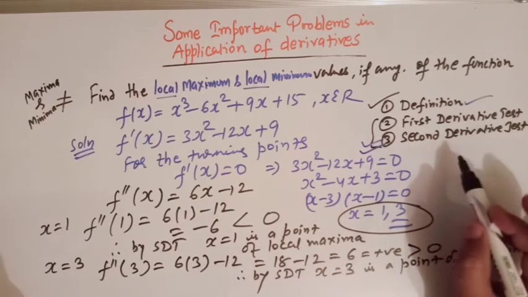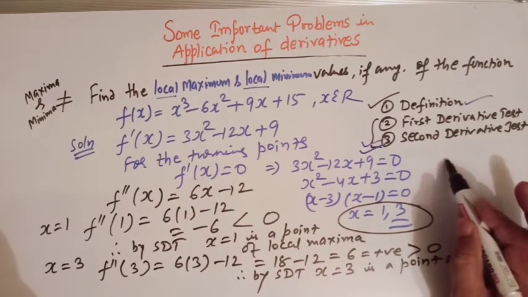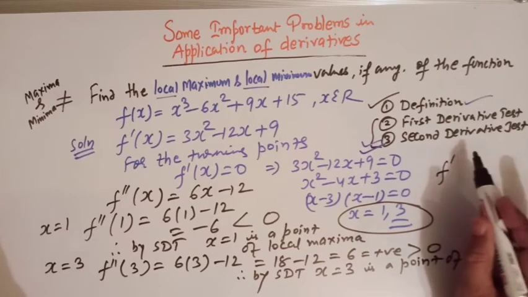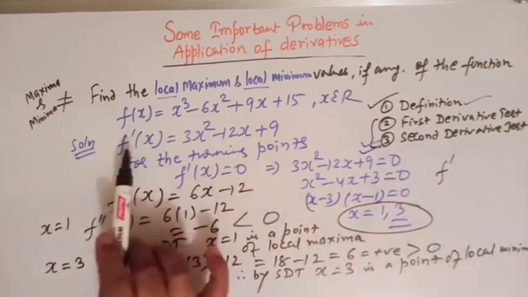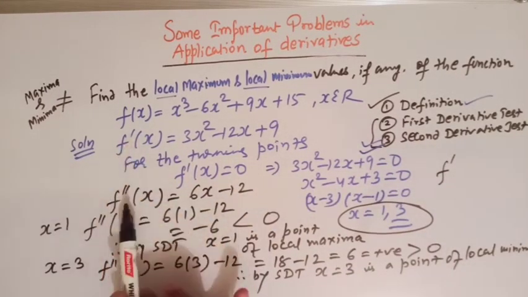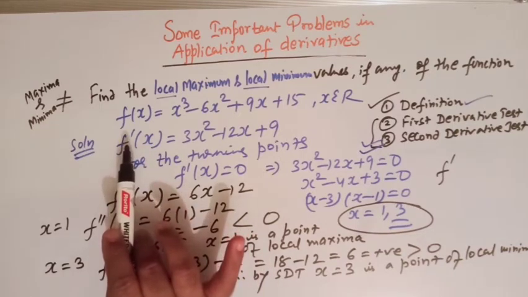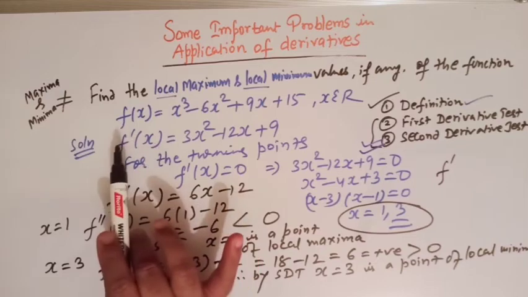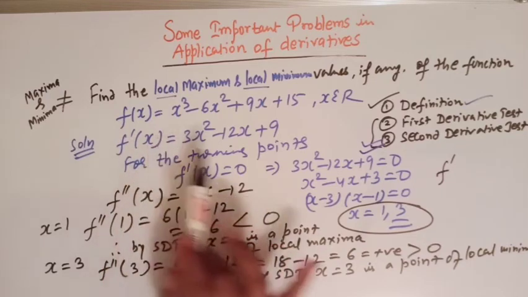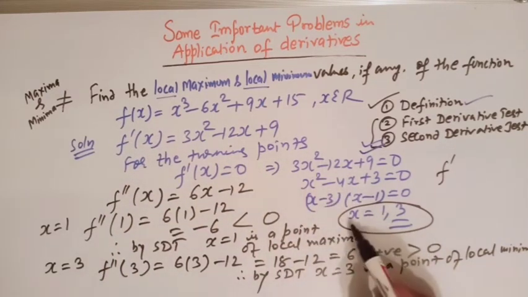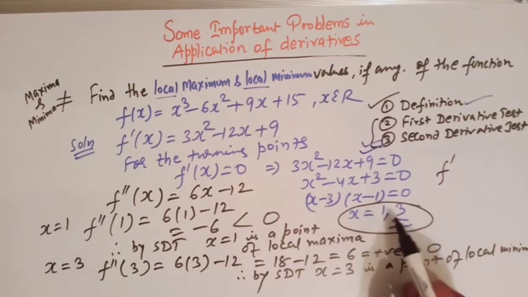So what is the second derivative test? If we have a function f of x, we find the first derivative, then we find the second derivative, and we put f prime of x, that is the first derivative, equal to 0, and solve it for x, we get the critical points or the turning points.